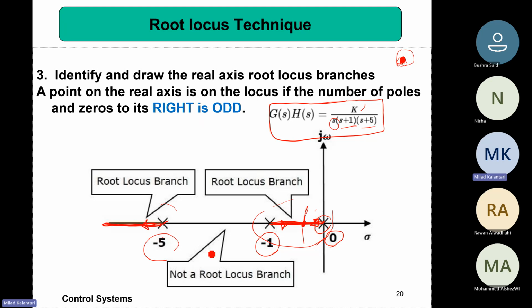So the average location of these poles will be what? The sum of -5 plus -1 plus 0, divided by 3. You will see the average when you are very far will be -2, right?